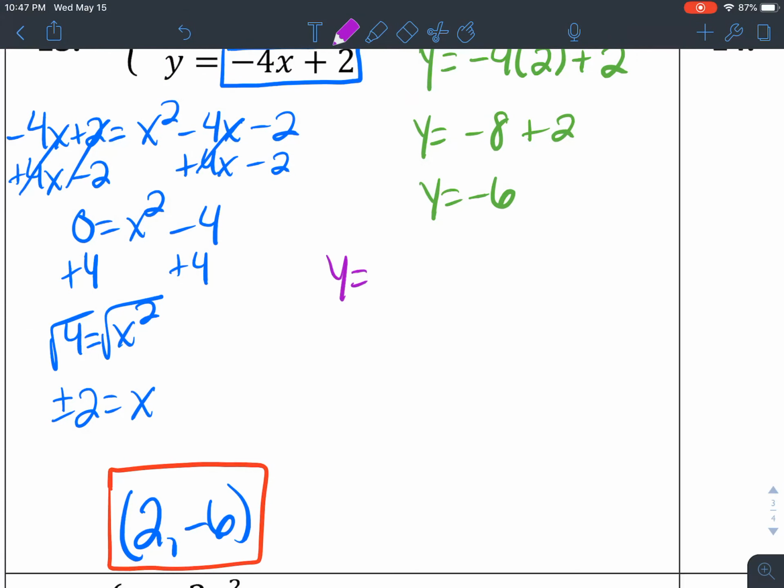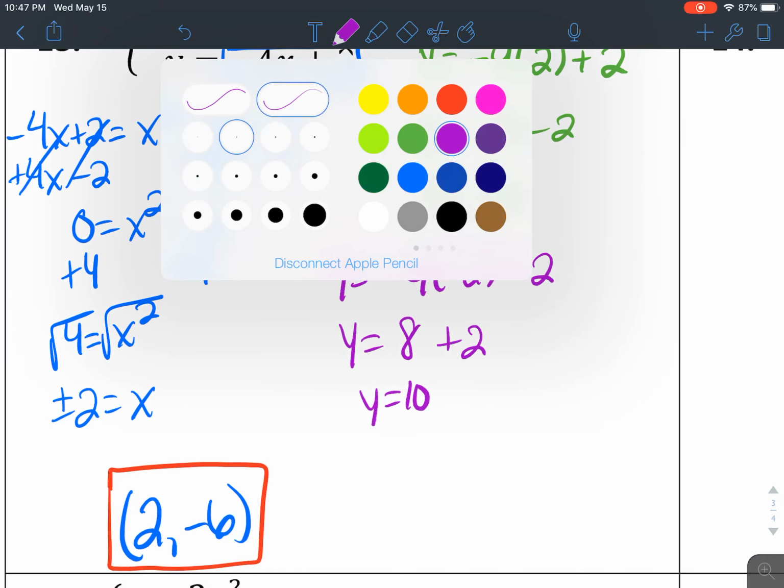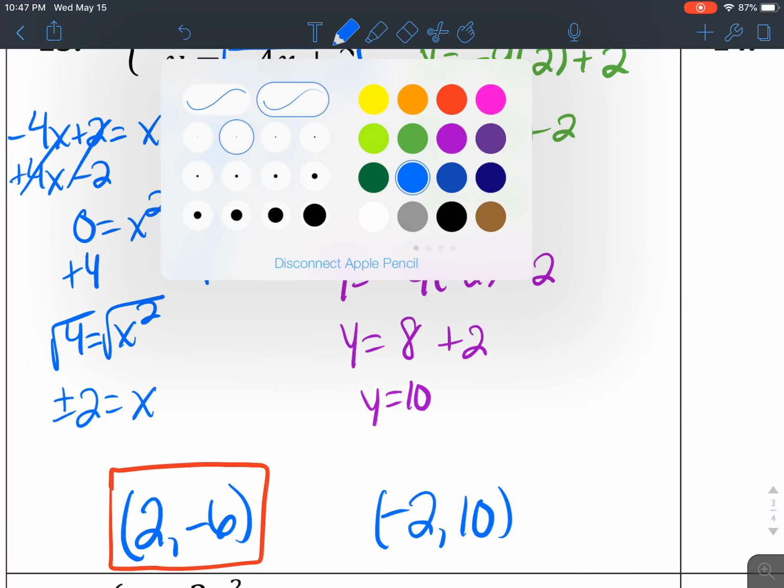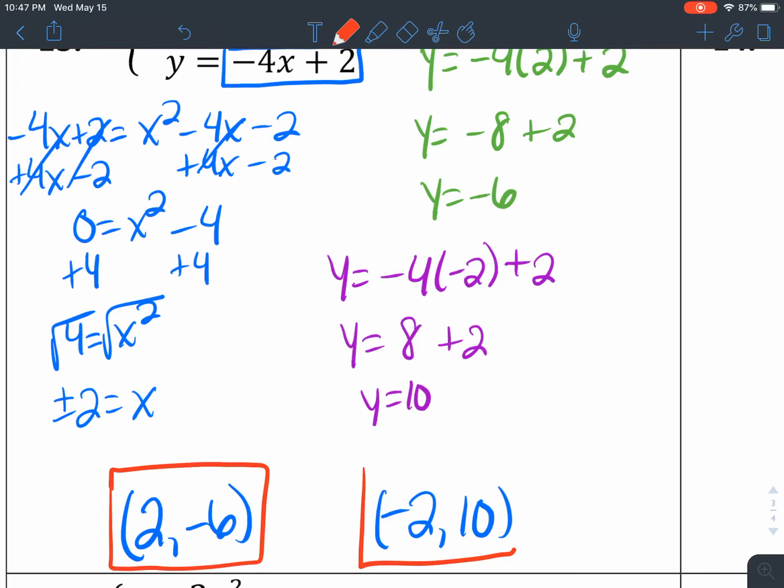If I plug in negative 2 into that same equation, I get y equals positive 8 plus 2, so I get positive 10. So when my x value is negative 2, my y value was positive 10, and that is my other solution. That's my second one. And that's it. Once I have my x and my y values, I'm just writing them as ordered pairs. Circle my answer.